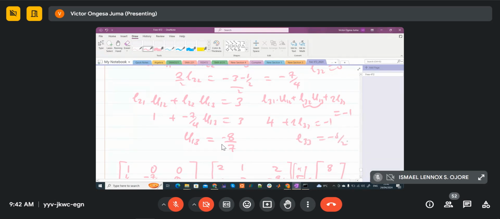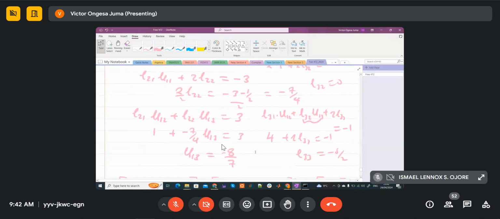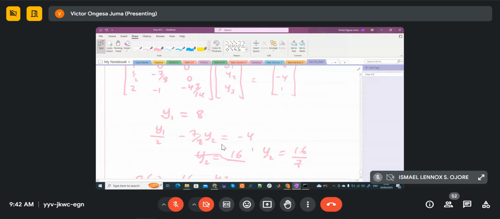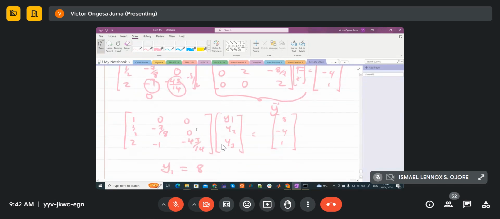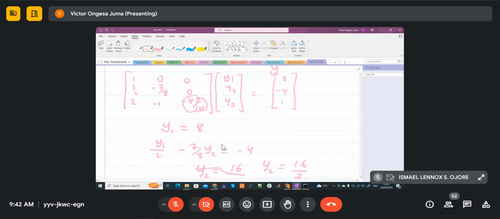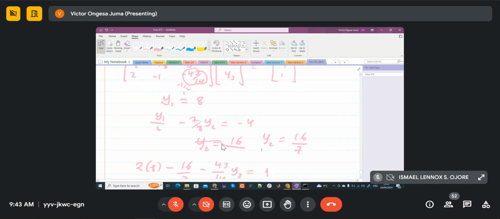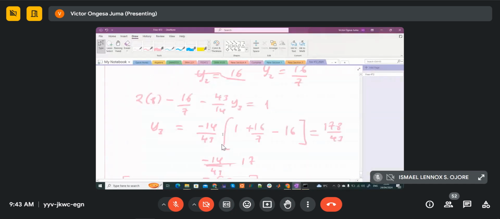Minus 5/2. I hope we are not wrong. So I'm getting that this is minus 5/2. And then you can now check. So y2 is y2/7. And then you can now get y3.